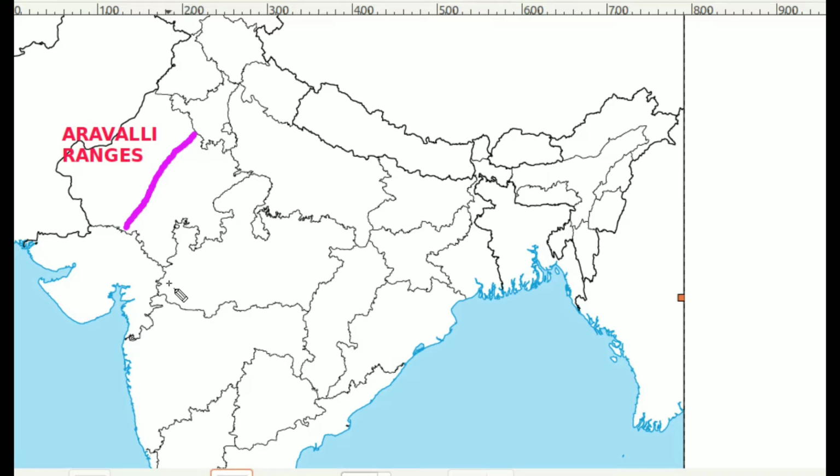Then it is the Vindhya range in Madhya Pradesh, from the east to west through the center of Madhya Pradesh. Vindhya range.